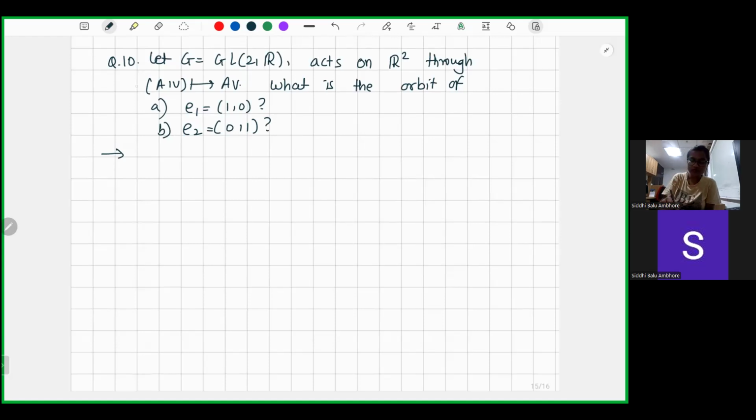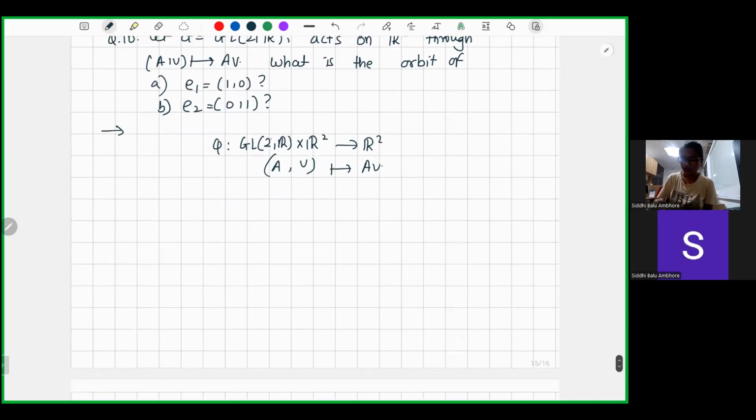So this map is from GL2R cross R2 to R2, such that matrix A comma v goes to just the normal matrix multiplication.